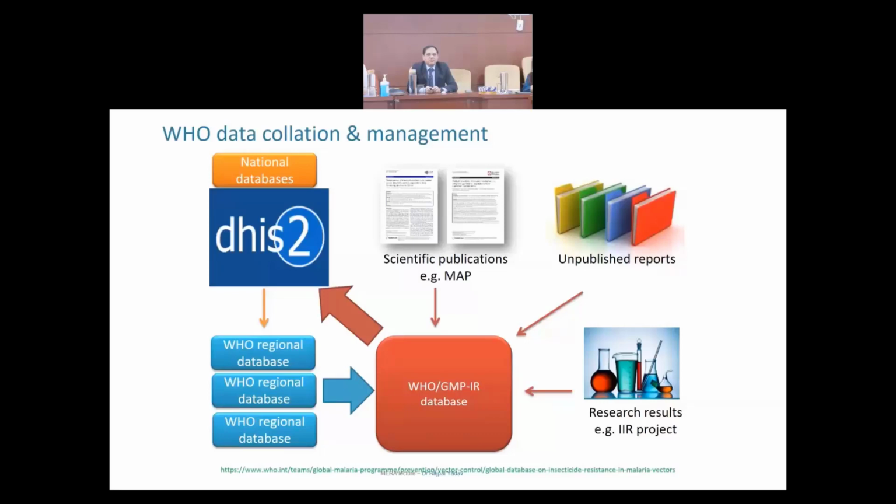We need to generate more and more data and share it with WHO, so that through the regional database it will go into the global database of WHO. We also occasionally get scientific publications, which we use to update our database. Many research centers also contribute to this database. The idea is that this database will be used for mapping out the risk of resistance against Anopheles mosquitoes. But we will also have to develop similar systems for Aedes, Culex and sandflies.